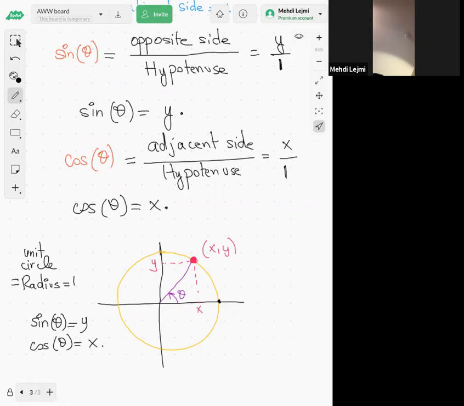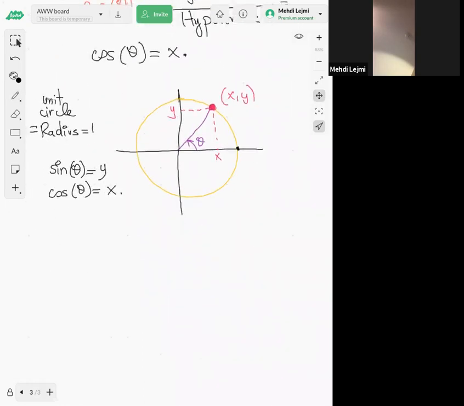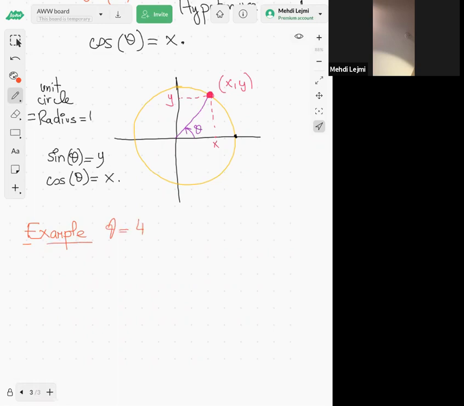Okay, so for example, say theta is 45 degrees. That's half of 90 degrees, right?